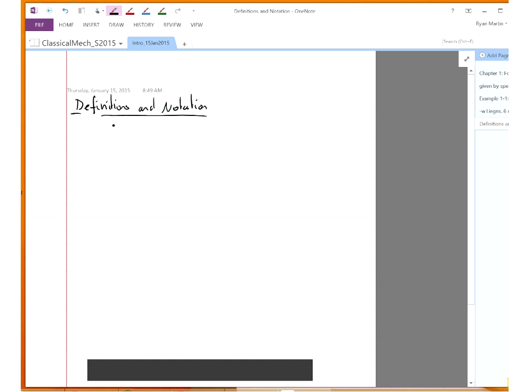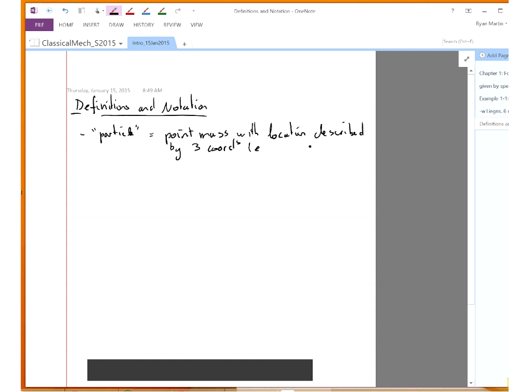So we'll define a particle to be a point mass that has a mass, and the location described by three coordinates.